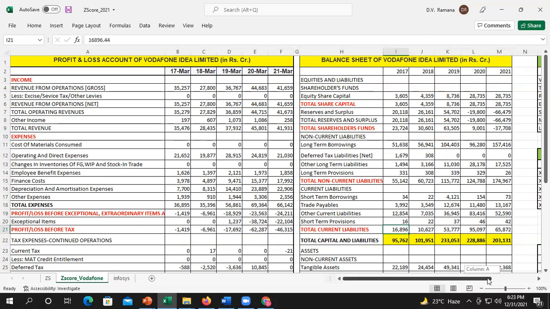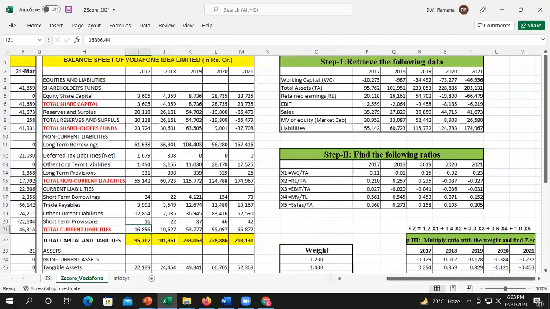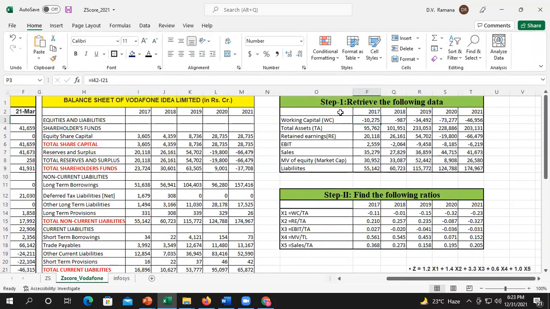Now, with this information, let us find the Z-score as per the model that we discussed. So we picked up the relevant financial ratios, and for this purpose the relevant financial items. Let us first find the relevant financial items, that is working capital and total assets.